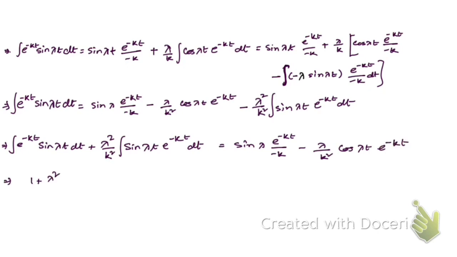Now you see, here we're going to take this term common, the integration of this and this. On taking these two common, we have got 1 plus lambda square by k square, then the integration of this. On the right hand side we can take this part common: e to the power minus kt is taken common, and e to the power minus kt by k square is taken common.